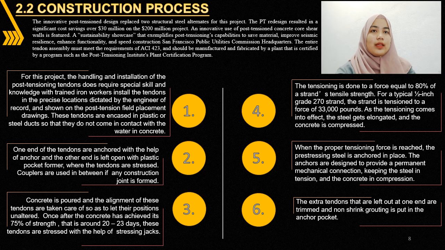An innovative use of a post-tension concrete core shear wall is a feature, a sustainable showcase that exemplifies post-tension's capabilities to save material, improve seismic resilience, exchange functionally, and speed construction. San Francisco Public Utilities Commission headquarters.